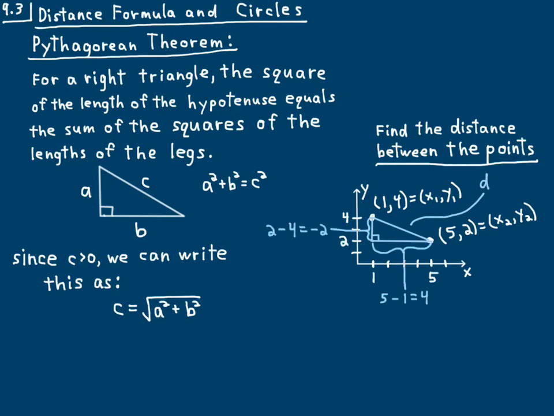So what I did is I took the difference. Most people get accustomed to taking the coordinates of point 2 minus the coordinates of point 1. So you see I took the difference in the y coordinates, 2 minus 4, and I got negative 2. Now, the length of that leg is actually the absolute value of that. It's actually 2.